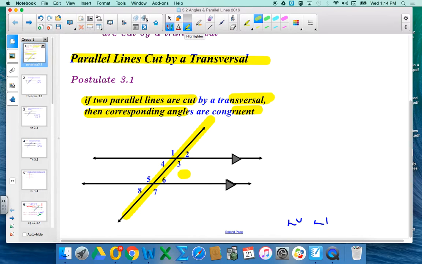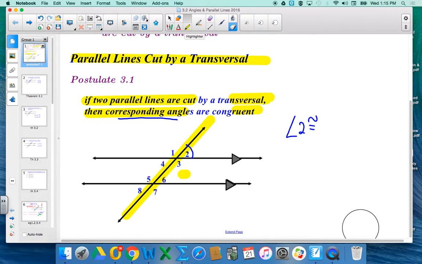Corresponding angles are in the same position. So if you're looking at angle 2, what corresponds to angle 2? It would be in the same position, so angle 6. Because the lines are parallel, the corresponding angles are congruent, but the lines have to be parallel.